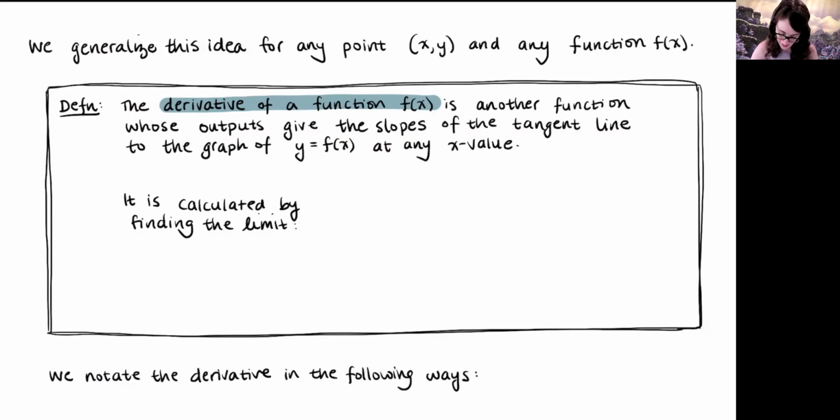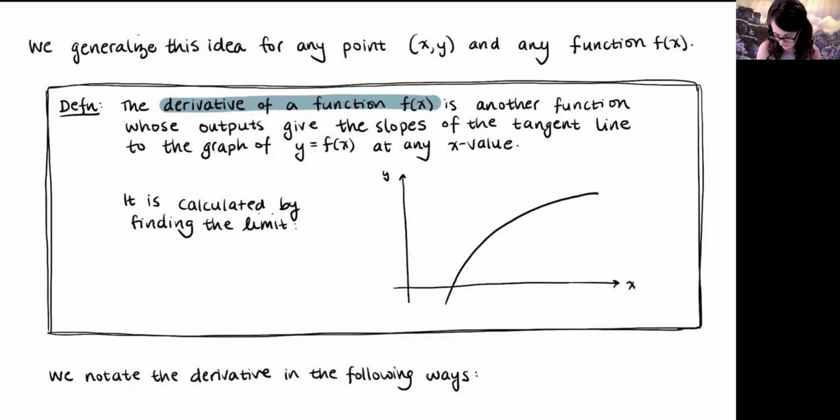So let's just sketch a generic function here. Let's get some axes. Here's my y-axis, here's my x-axis. And maybe here's the function that we'll call y equals f of x. So this is the original one that we start with. What we're looking for is the slope of the tangent line at any point that we want.